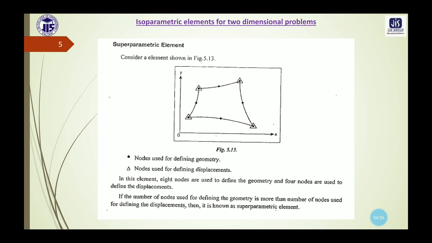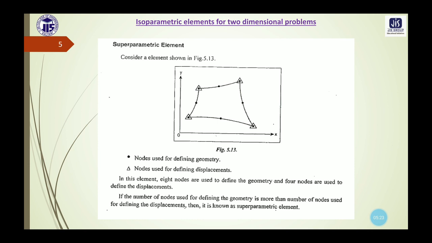Now in this element 8 nodes are used to define the geometry, and 4 nodes are used to define the displacements. So that means if the number of nodes used for defining the geometry is more than the number of nodes used for defining the displacements, then it is known as a superparametric element.